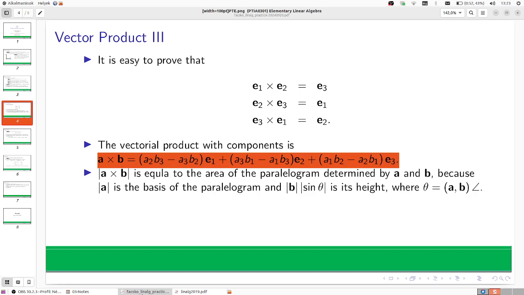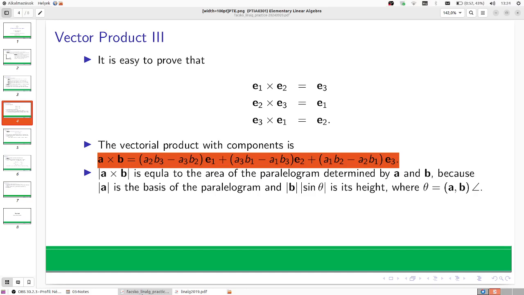This is the angle between them, and this is the length of this vector.